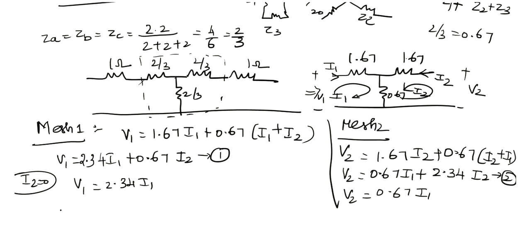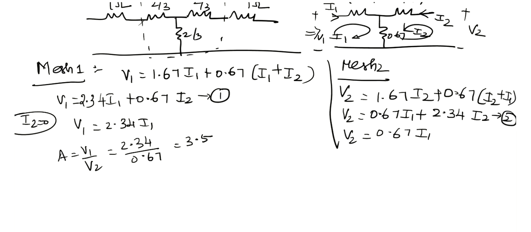So now tell me V1 by V2. A will be equal to V1 by V2. Divide this by this, so you are getting 2.34 divided by 0.67, getting the answer like 3.5. Clear? And then followed by another equation. While making I2 equal to 0, you are getting C answer also.